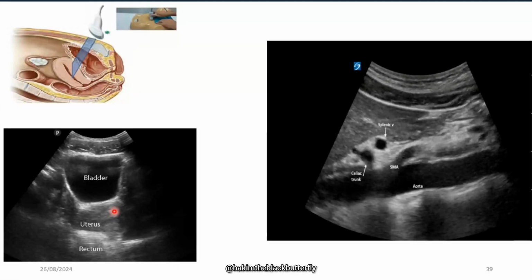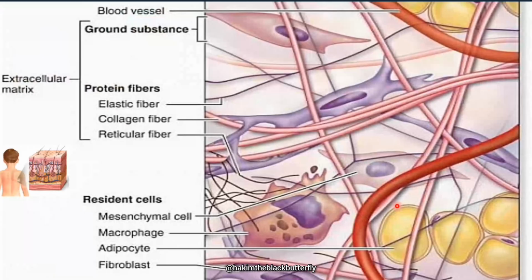So any fluid interface will easily allow the beam to go through, allowing easy visualization of underlying structures. Blood is a fluid interface. It can allow the beams to easily go through for you to see structures underneath. But structures like bones are closely packed. You don't see anything beneath them. You just see the shadow.